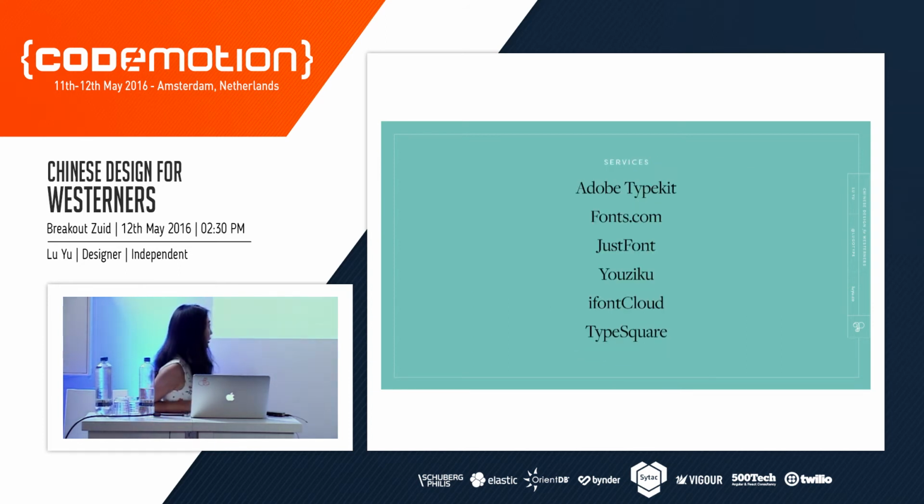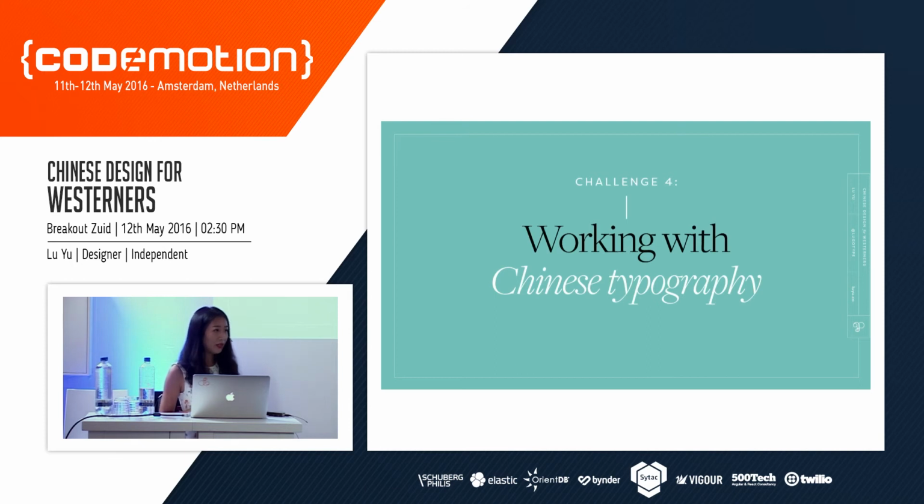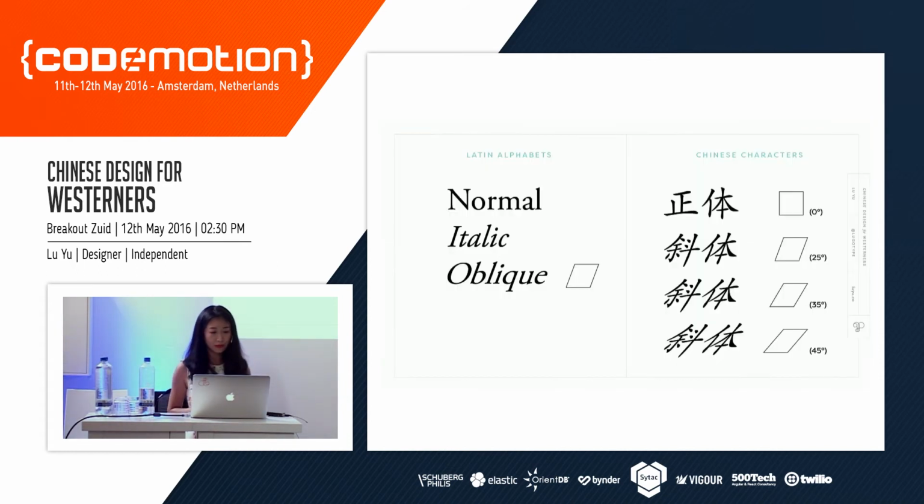There are many services already offering Chinese web fonts. Thanks to them, now it's finally possible to use web fonts for Chinese websites. But that doesn't make website design easier, because working with Chinese typography can be quite difficult.